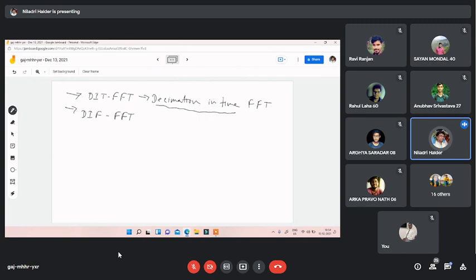Decimate means we will simply break the samples. Whenever I give you the example, it will be clear. Suppose 8 samples are given. So we will break the 8 samples into individual samples, meaning we will consider individual samples and process them. That is called the breaking. That breaking process happens from 8 to 4 samples, then like that.